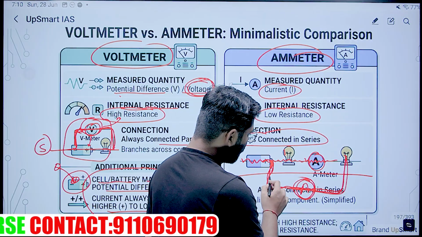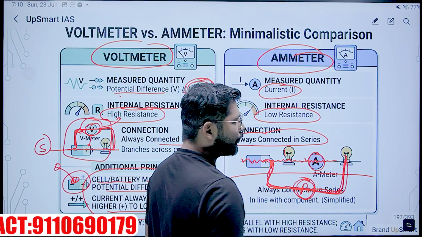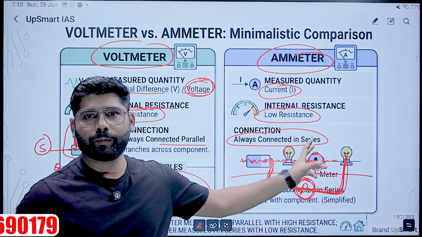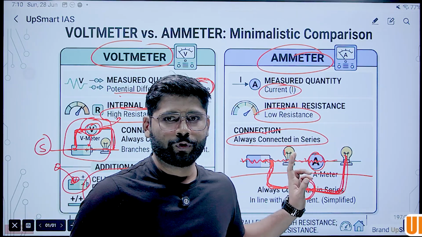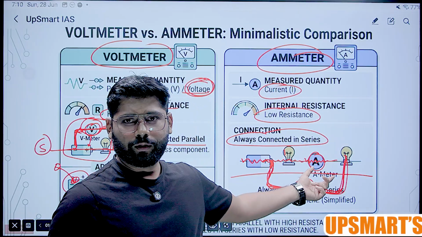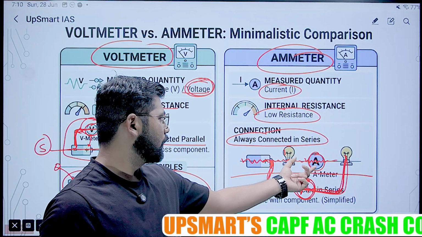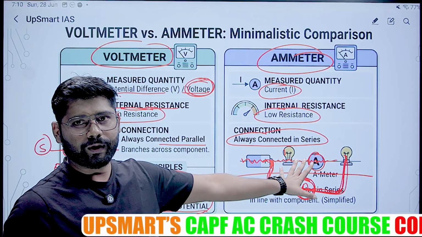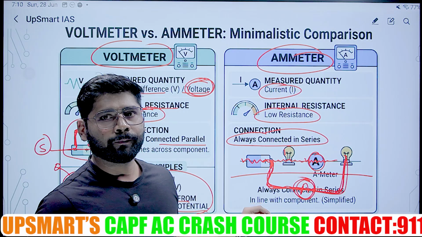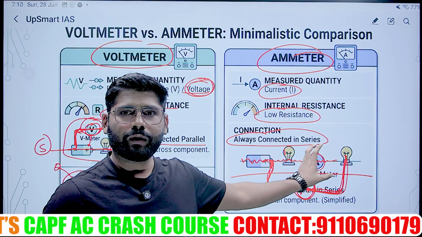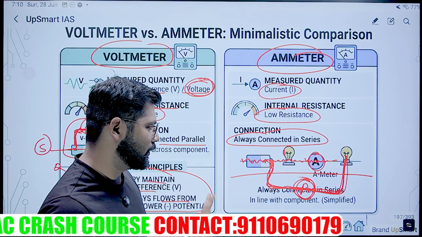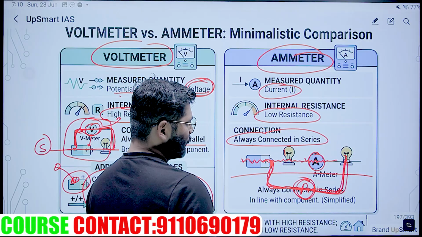The current would have taken the alternative path and gone further, and a short circuit would have happened. That's why we connect the ammeter in series: because it has low resistance, and because it is low resistance, we connect it in series. These are interrelated.